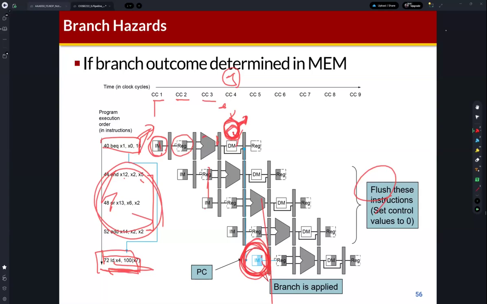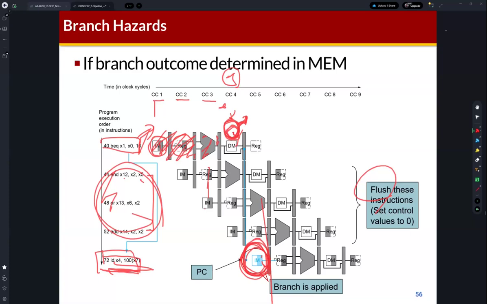So the problem is that, if the condition is true, then the following instructions are in the instruction fetch, ID, and then EX stages, right? These instructions need to be flushed, right?